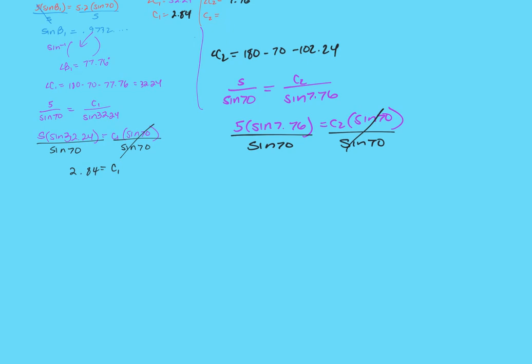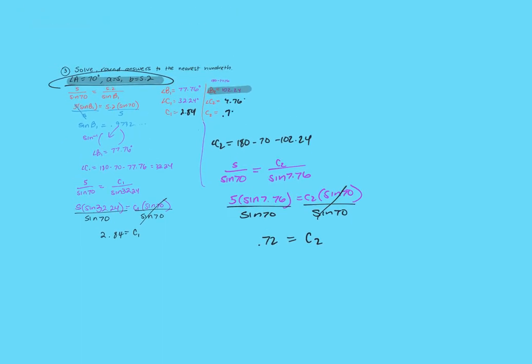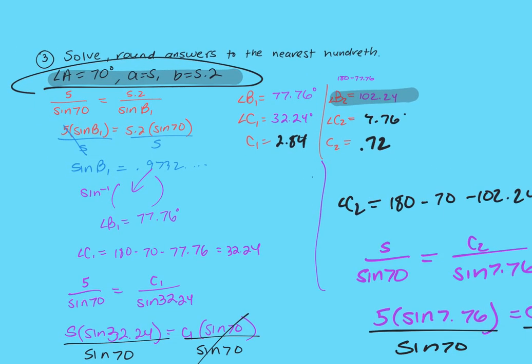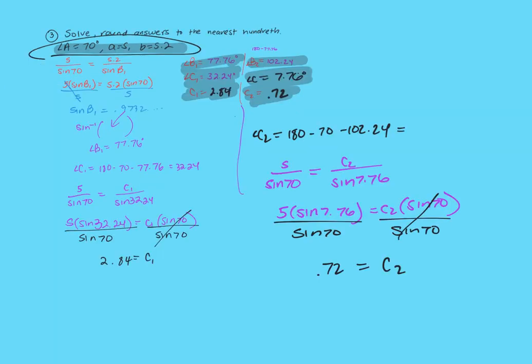So 5 sine 7.76 divided by sine of 70, and I get C2 is 7.72. So it's small, but it makes sense in comparison to the other values. Remember, the largest angle is going to be opposite the largest side. Questions?